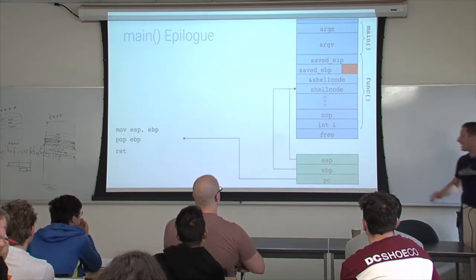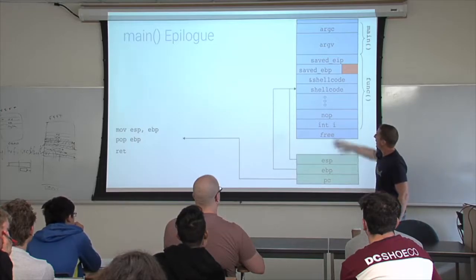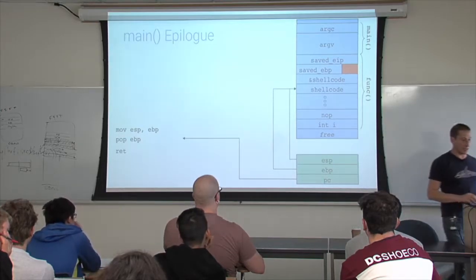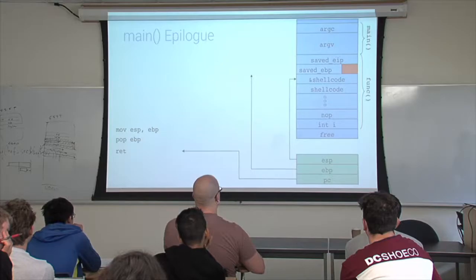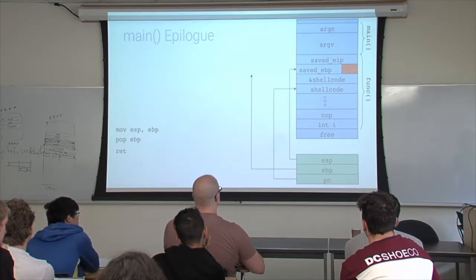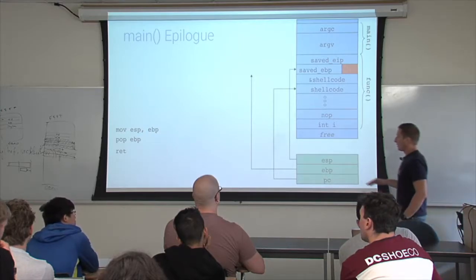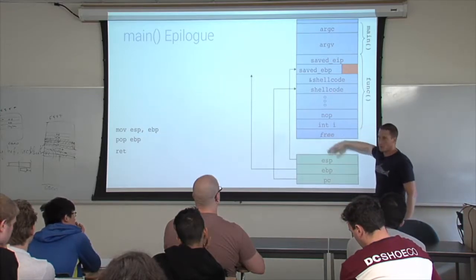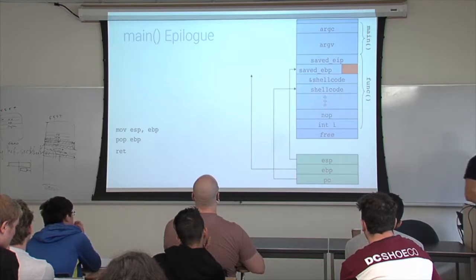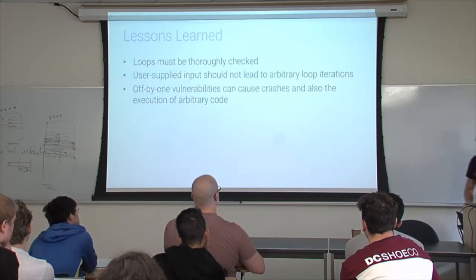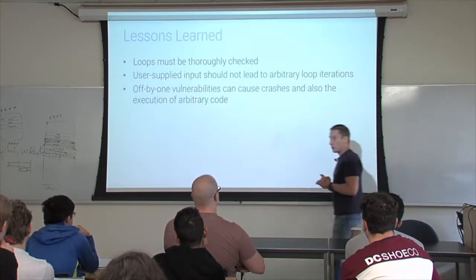What we care is that EBP is going to be popped and ESP is going to point to this as the next value. And suddenly, when you do ret, you return into your shellcode, and you have execution of the shellcode here. Okay? So lesson learned, even a byte can hurt you.